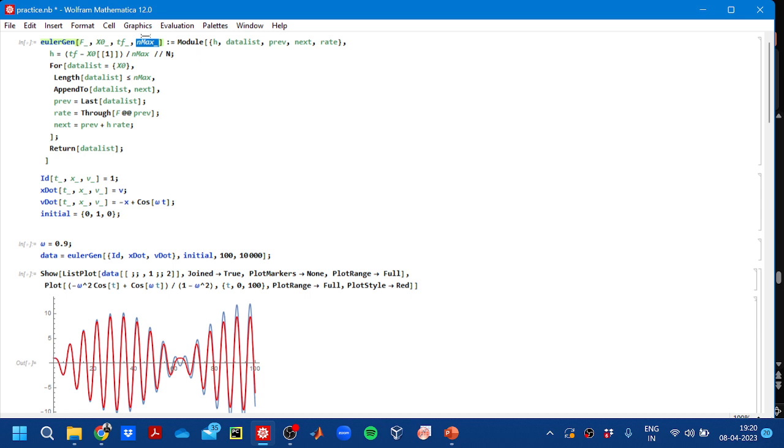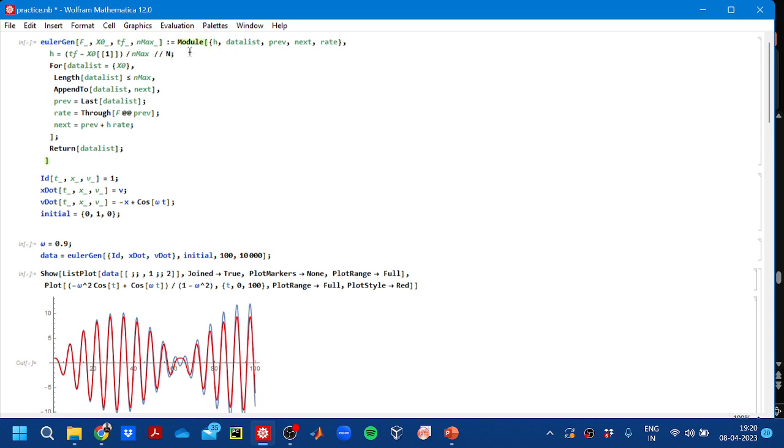So in this module, we should give as input our differential equation form, our initial condition, the time up to which we want to evaluate, and the number of points.